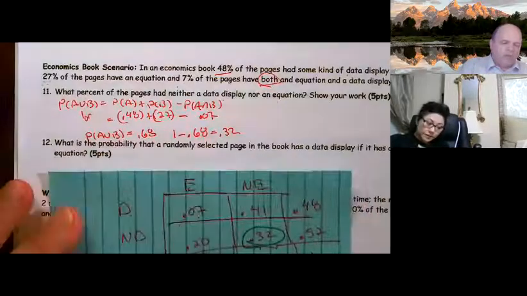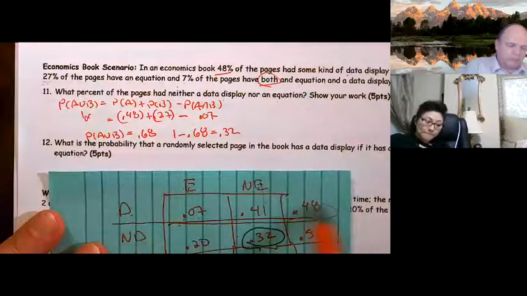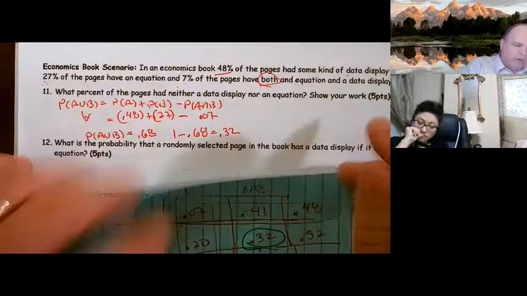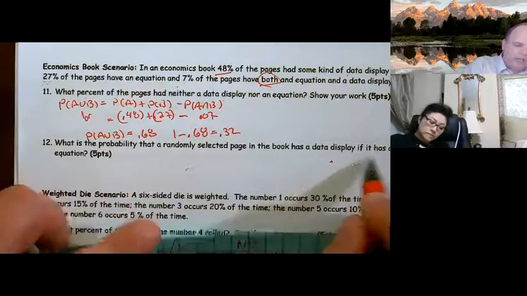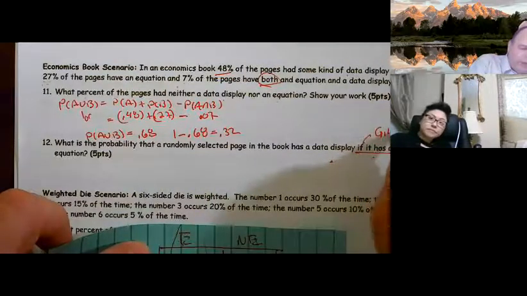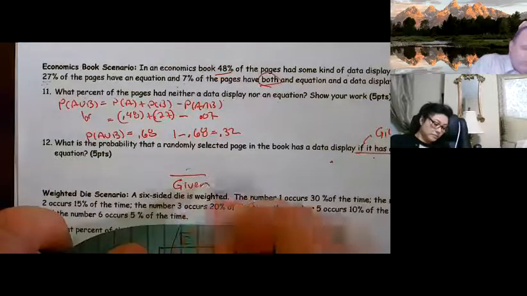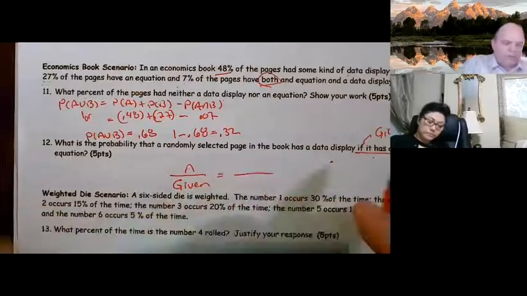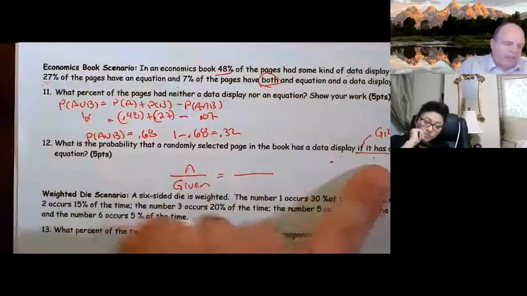Going back to my table, this if word is like saying given. So I have a given here, and anytime I have a given, I have a conditional probability.